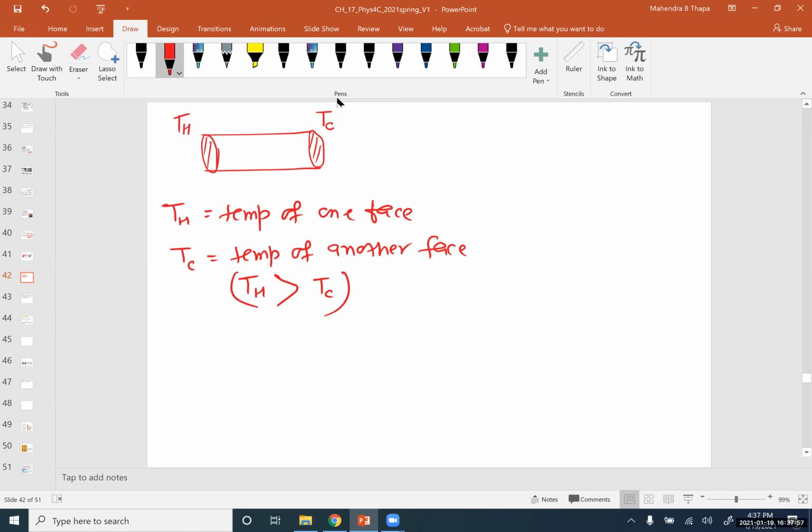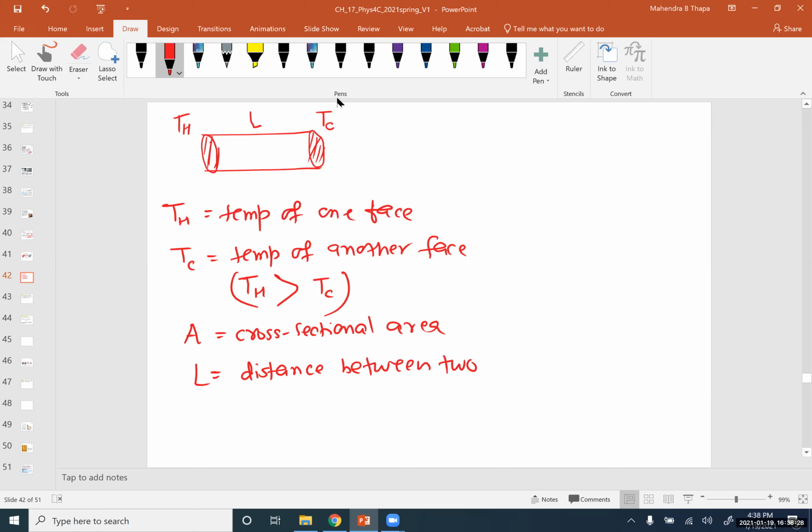So A is the cross-sectional area of this phase. We can assume L is the length, the distance between the two phases, the same as the length of the rod.